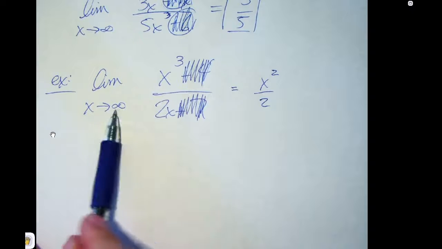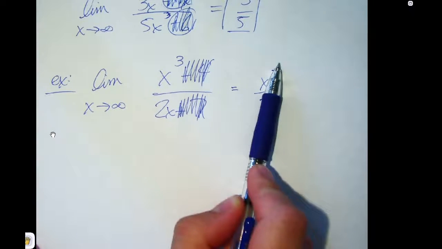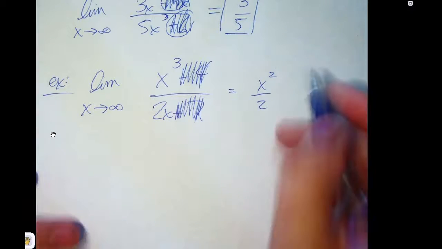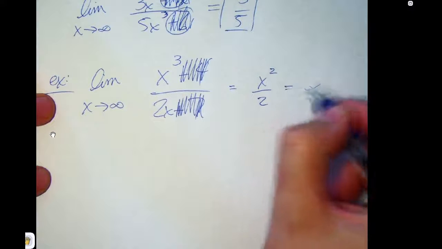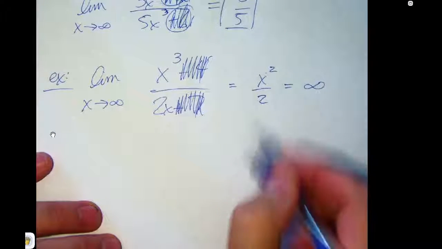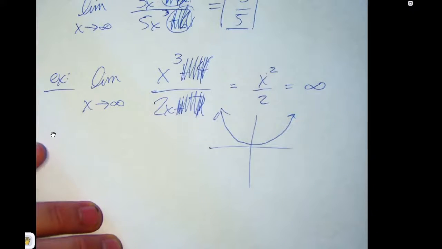So I'm going to take the biggest number I can possibly think of, square it, which makes it way bigger than I even thought of in the first place. And then dividing by 2 won't do anything either. At that point, it's irrelevant. So basically, I'm asking you what's infinity squared. It's still infinity. Or think about it this way: if I graphed x squared over 2, it looks like that.